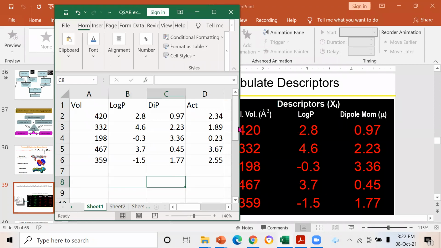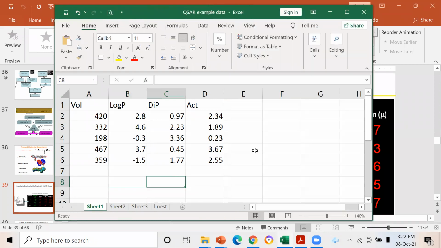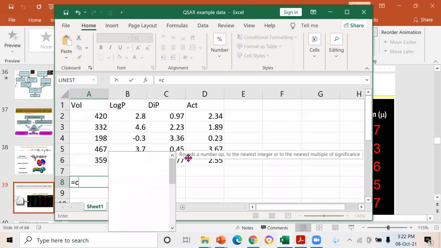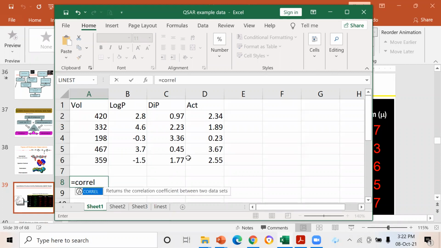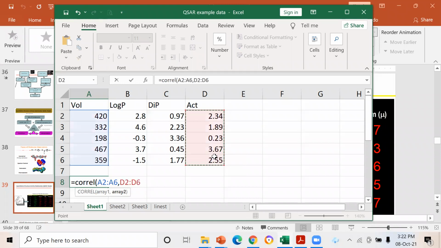First thing is I need to see which descriptors are good at describing the activity. And there is a command called correlation. Correlation is the relationship between the X and the Y, that is, the descriptor. So Excel has a command CORREL. You give this column and this column. This is the command for determining the correlation.